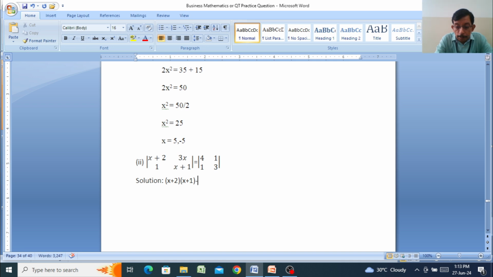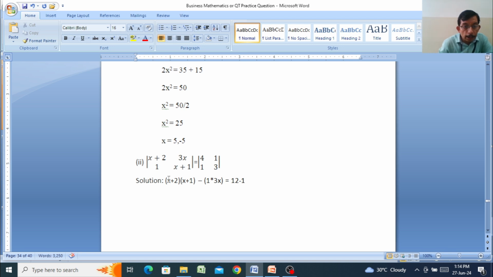Multiply 1 by 3x, equal to the second determinant of second order. The value of the determinant is the difference of the multiplication of the diagonal elements. 4 into 3 is 12 minus 1 times 1 is 1.